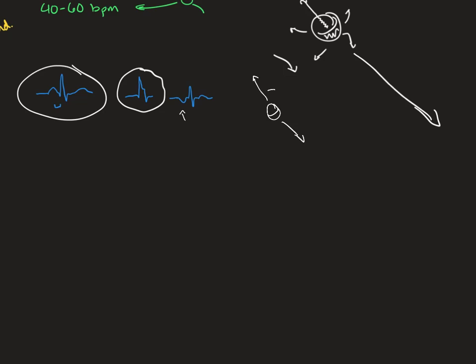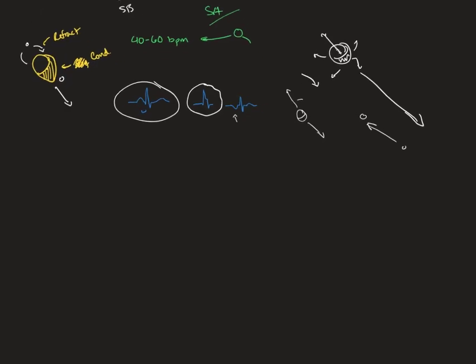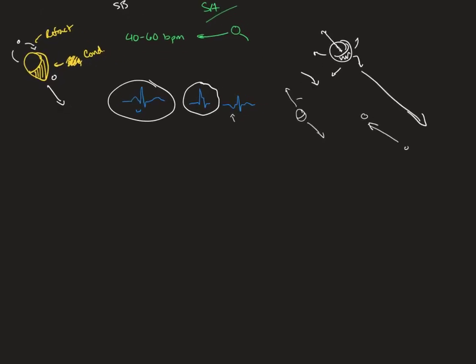But because this is a negative direction from the camera, the rhythm lead, which is the lead 2, which looks this way from the right shoulder, from the left hip, or the left limb, I guess, you're going to have that negative deflected P wave, retrograde. So anyway, you have all these weird morphologies.